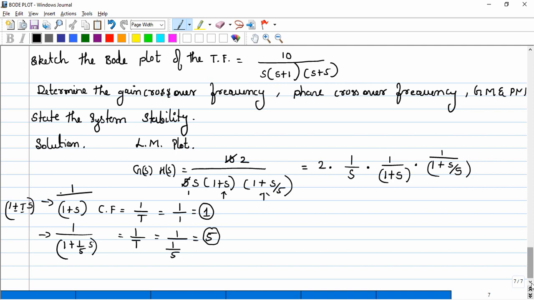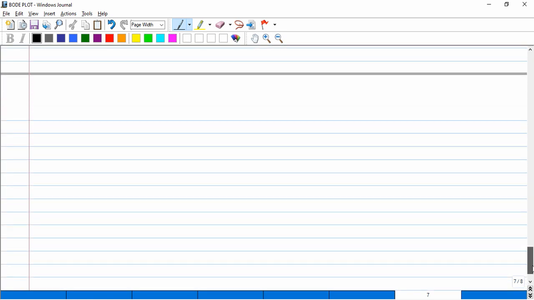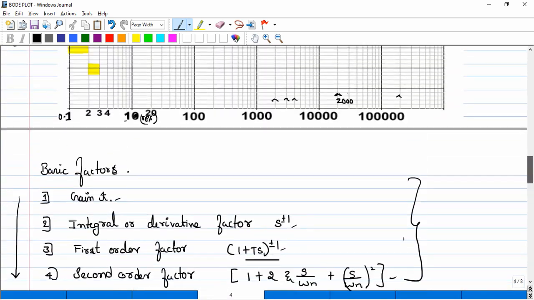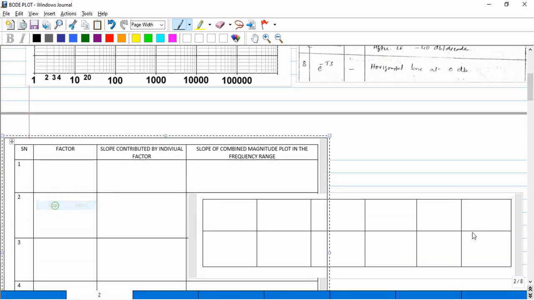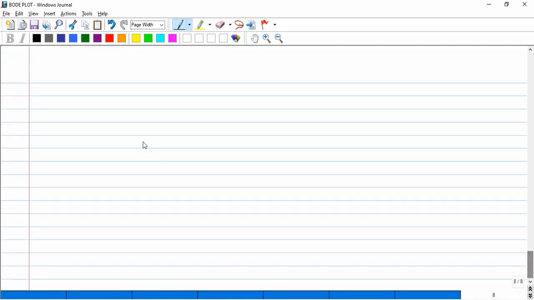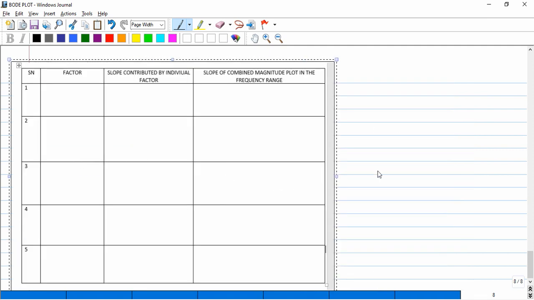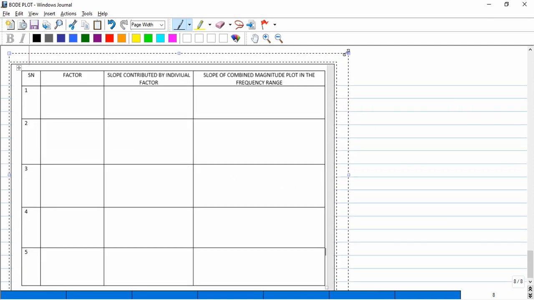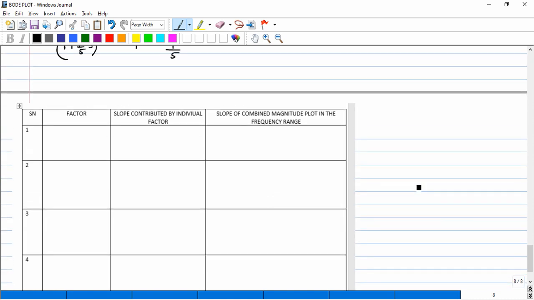Now the next step is, in order to plot the magnitude plot, we need a table. So let me take the particular table. I will be using this table in order to draw the magnitude plot.